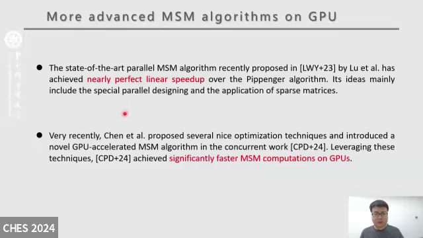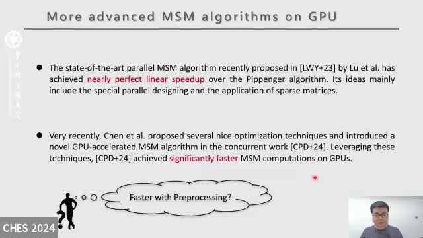Very recently, Chen et al. proposed several optimization techniques and introduced a novel GPU-accelerated MSM algorithm. In this concurrent work, leveraging these techniques, they achieved even significantly faster MSM computations on GPU.